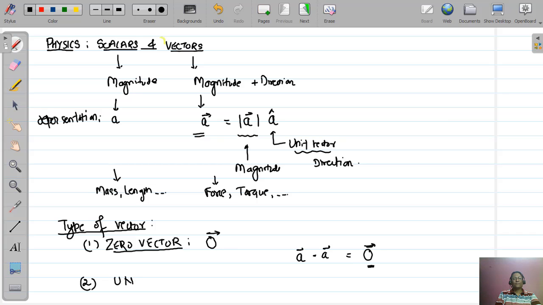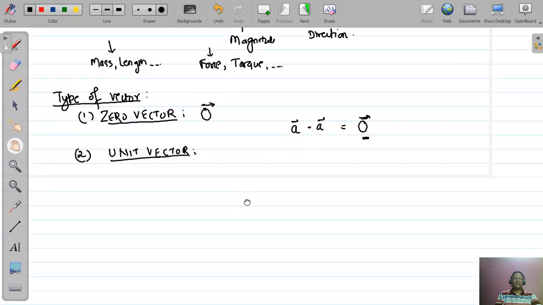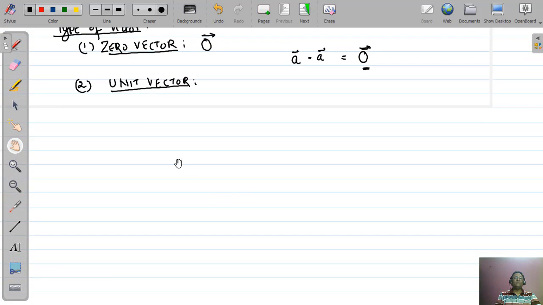Second is unit vector. And unit vector is a very important term. We should be very clear because most of the problems in vectors include this unit vector. As we have earlier said, if vector A is given, then its unit vector is represented by A cap.